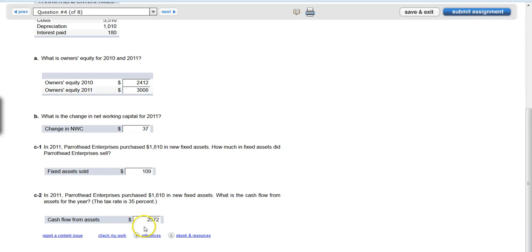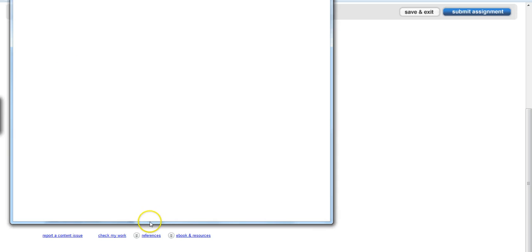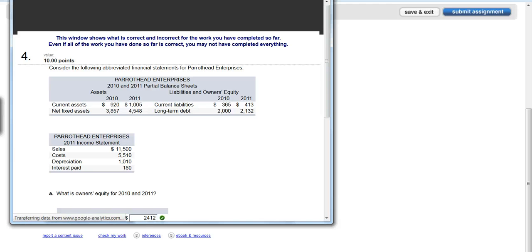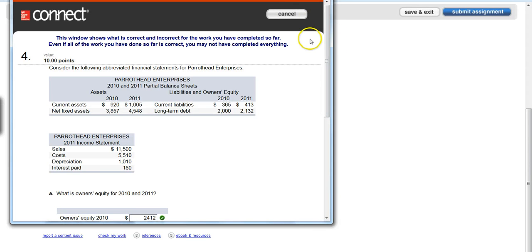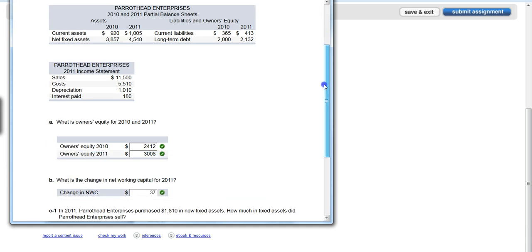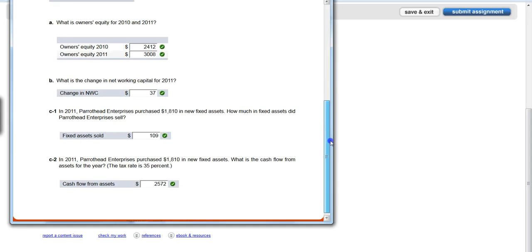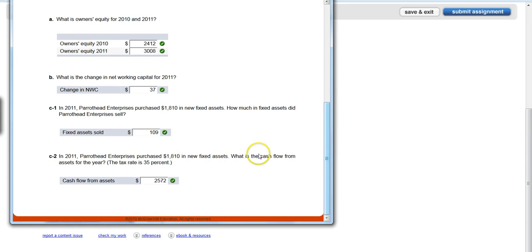So now check my work to see whether we have got the right answer. Sometimes it could be a little bit slow. So the first part is right, second part is right, third part is right, and the final part is right too.